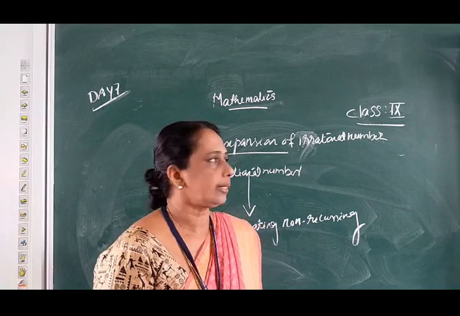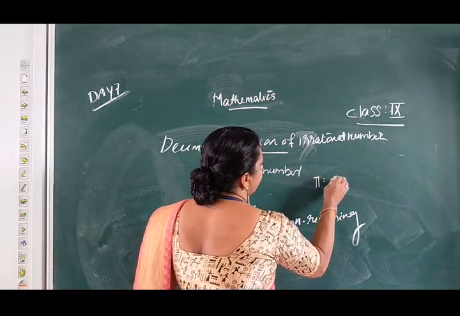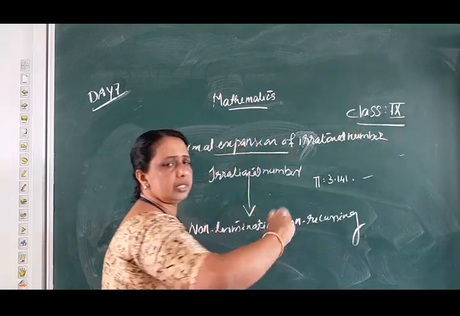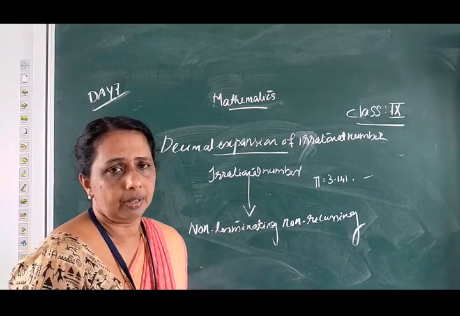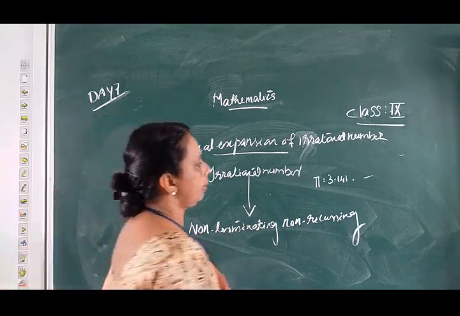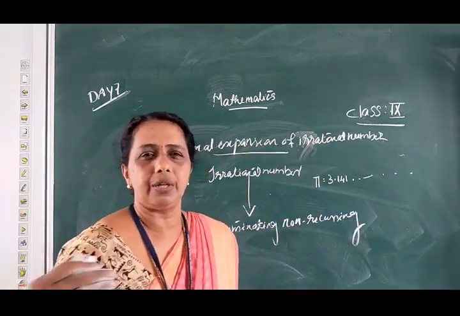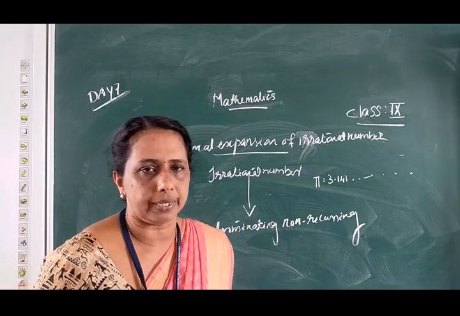Example, pi is 3.141 etc. Different digits are coming. So we say that pi is an irrational number because the division never ends, and after the decimal different digits keep coming, with no digit or block of digits repeating.